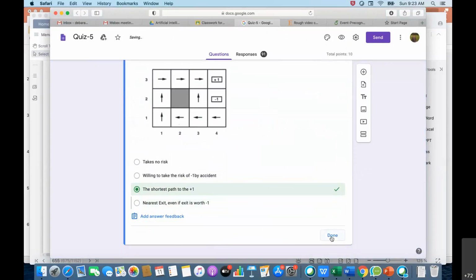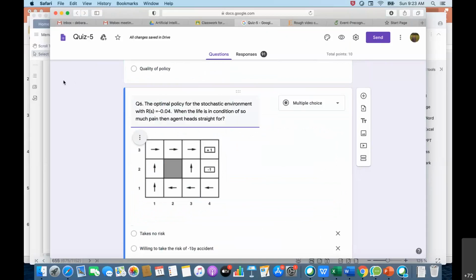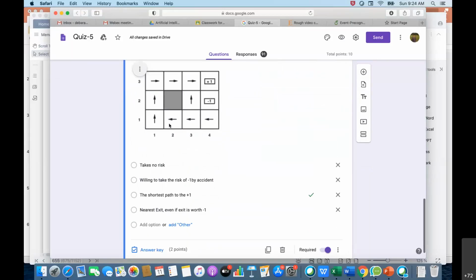Okay. So if r(s) equals 4, no, r(s) is not equal to 4, it is equal to minus 0.04. It should not be the optimal policy.